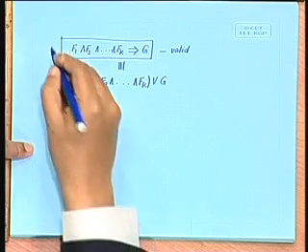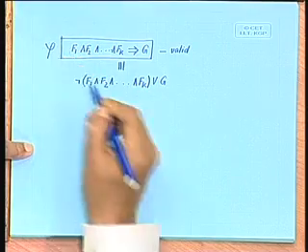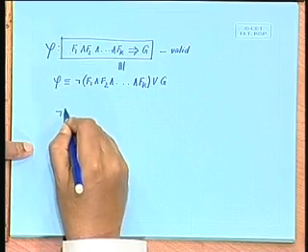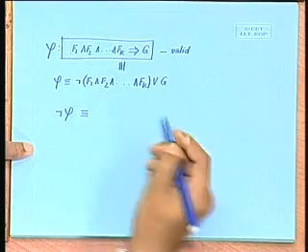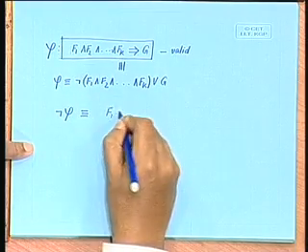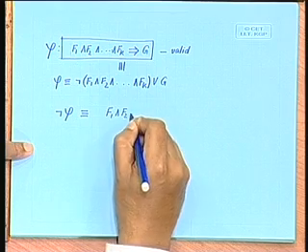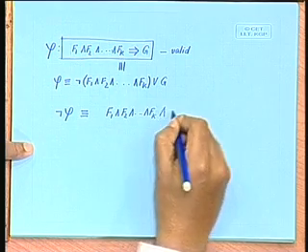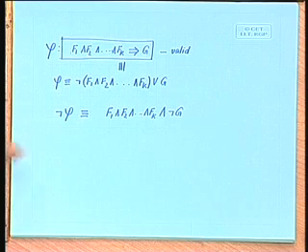If this whole thing, var phi, is what we want to prove, then not of var phi is going to be f1 and f2 through fk and not of G, right.